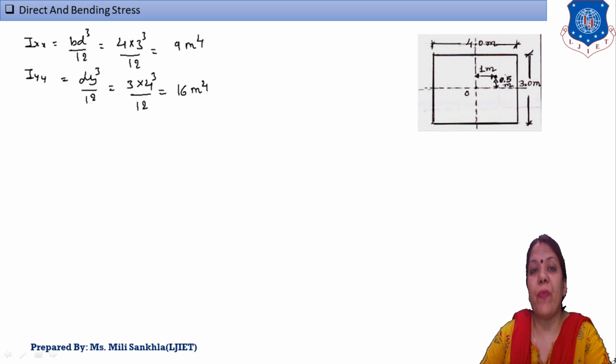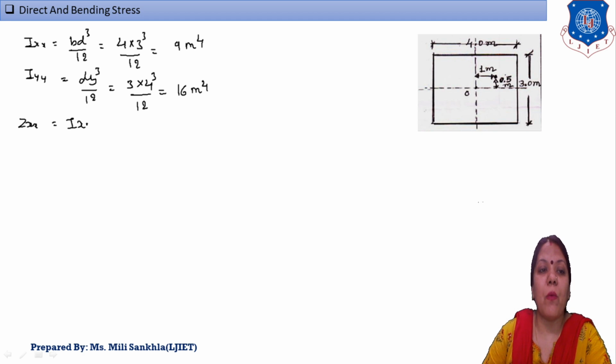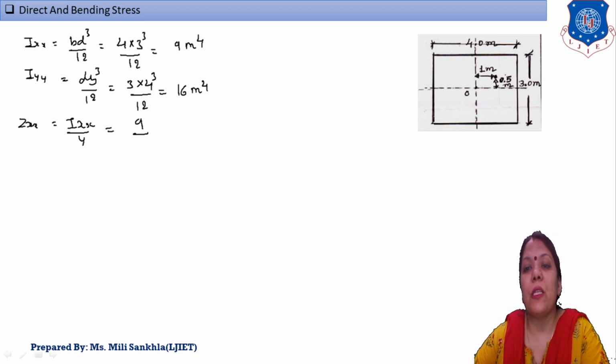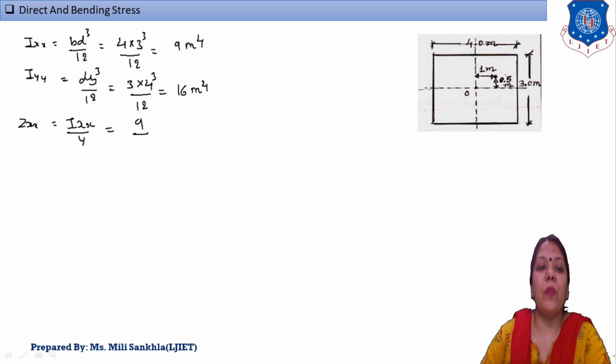Now we find out the section modulus. Z is equal to inertia divided by y. With respect to the inertia about the x axis, y is equal to d by 2, that means 3 by 2.